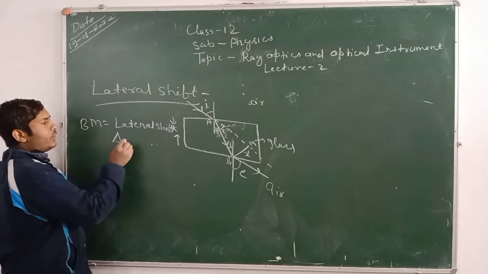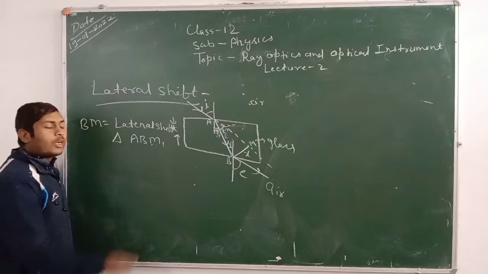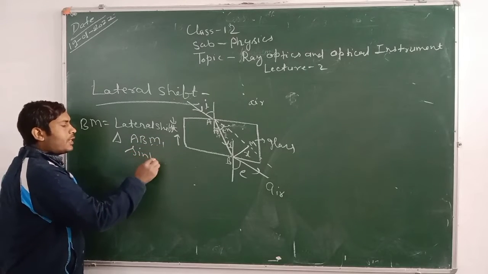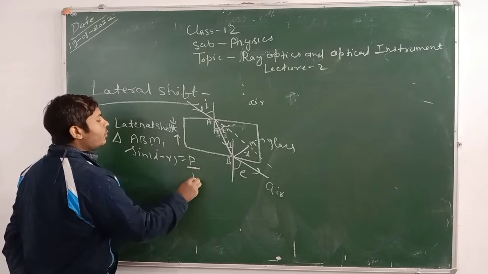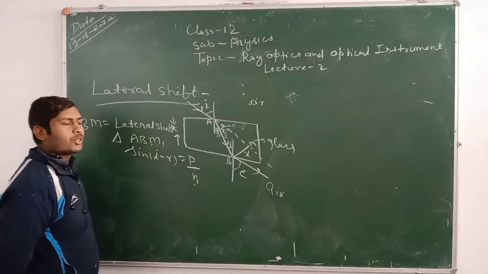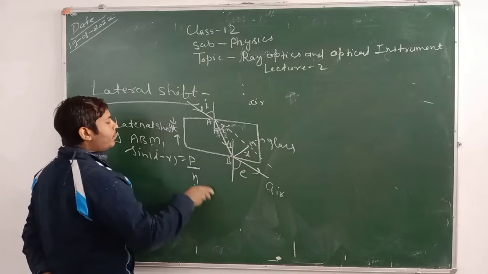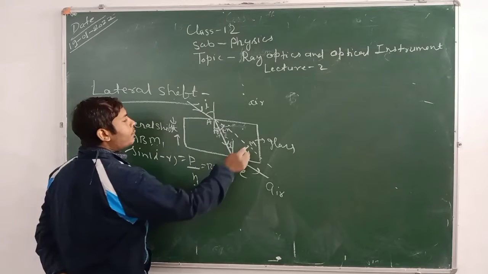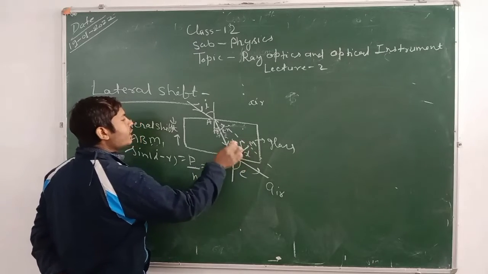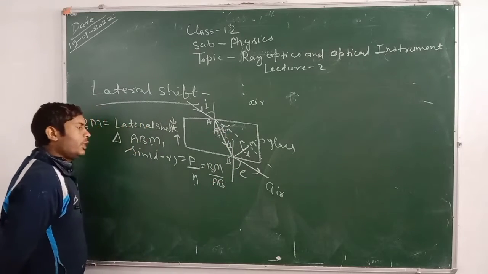Now I am taking triangle ABM. What will be the value of sine of I minus R? The value of sine of I minus R will be equal to perpendicular upon hypotenuse. The side in front of this angle I minus R is the perpendicular, so the perpendicular will be BM, and this angle is 90 degrees, so this side AB will be the hypotenuse.